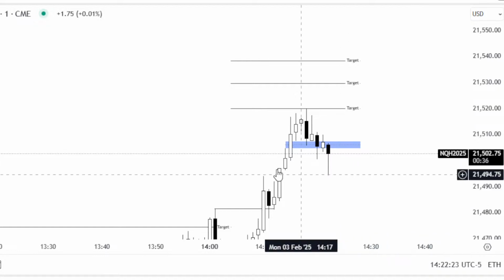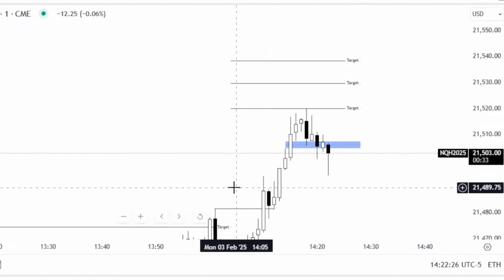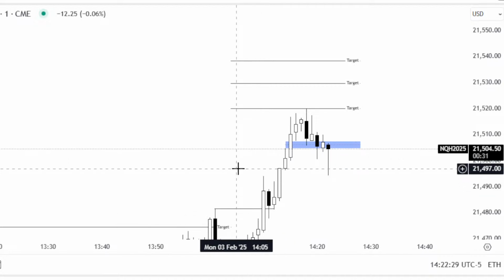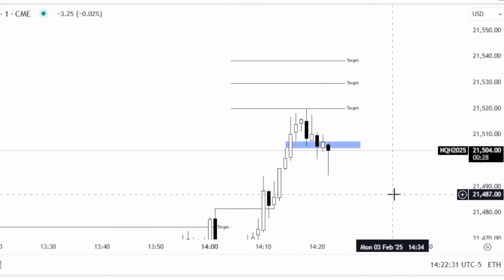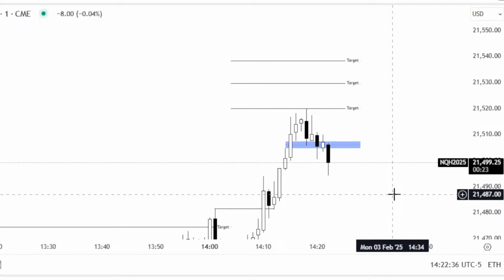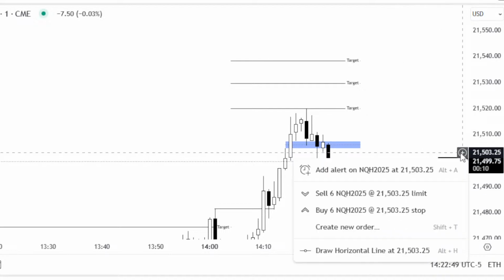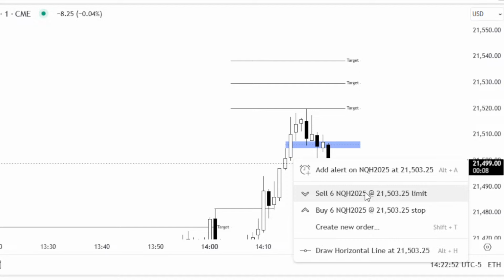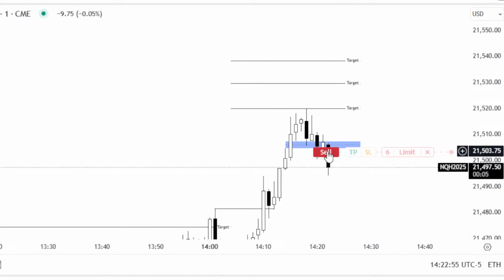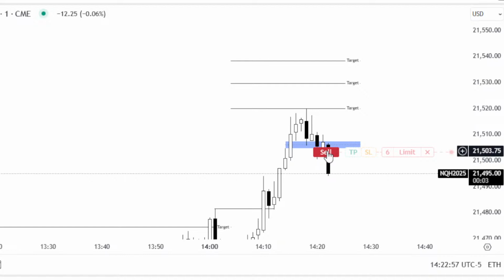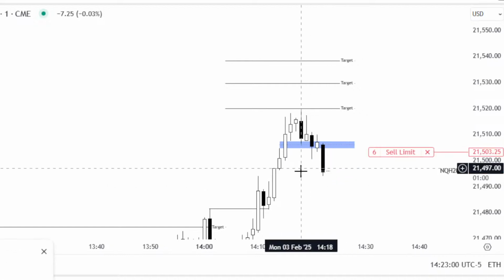Okay, so in that fair value gap there, hit a sell up here just for that pullback.